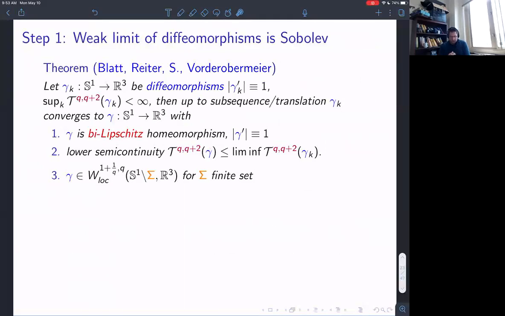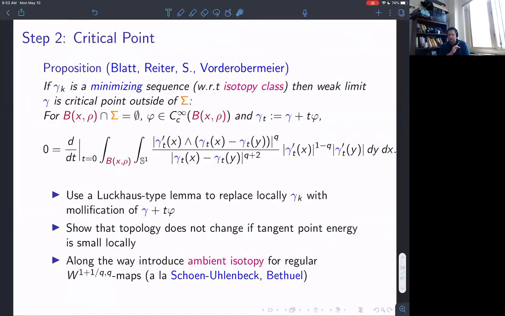And this is the same statement, right? So we have some control of the Sobolev norm, and this means that we now can talk about minimizing. We minimize in some isotopy class, which would be the most interesting case. Then you get that the first variation vanishes outside the singular set. That's this whole statement.